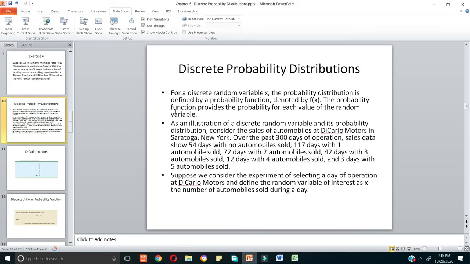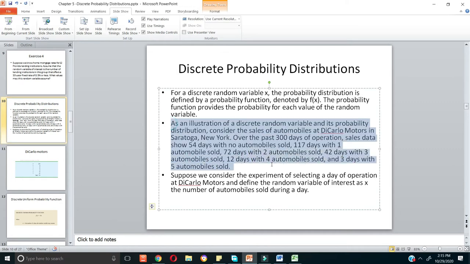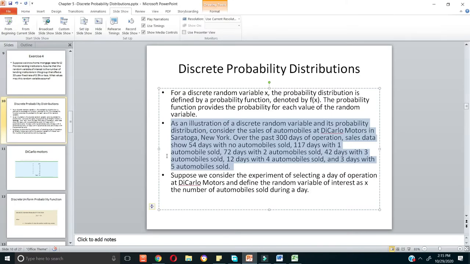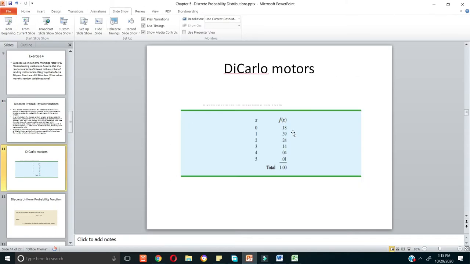Based on the frequencies that we had, because we got these frequencies from this description over 300 days, we then use the frequency distribution as a probability distribution. We convert it directly to probabilities.